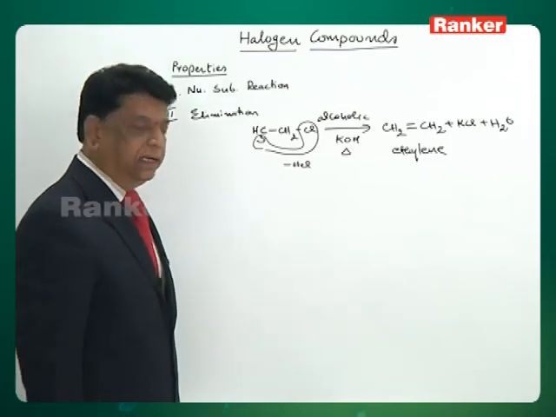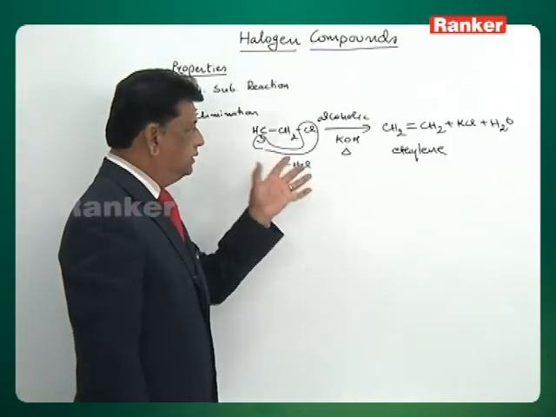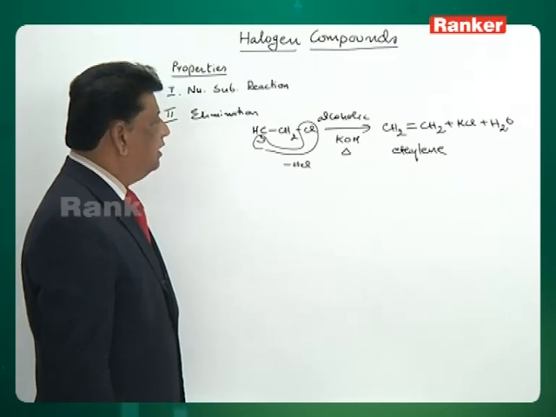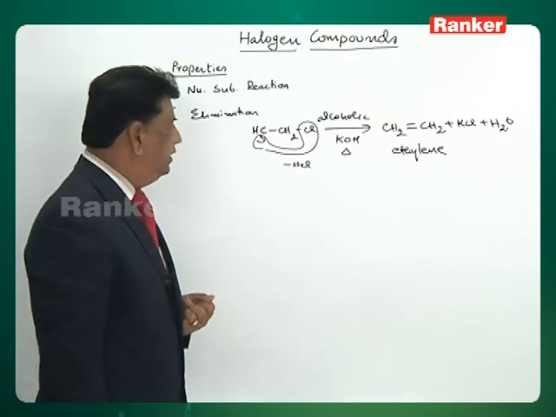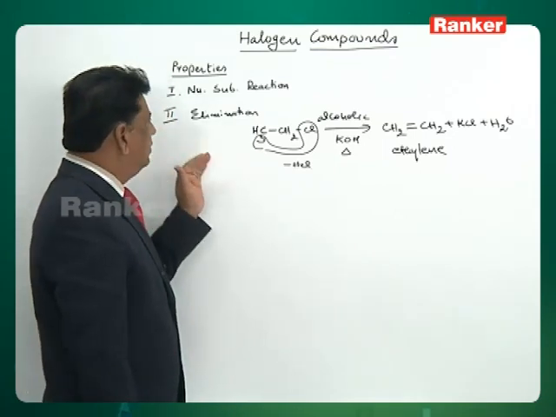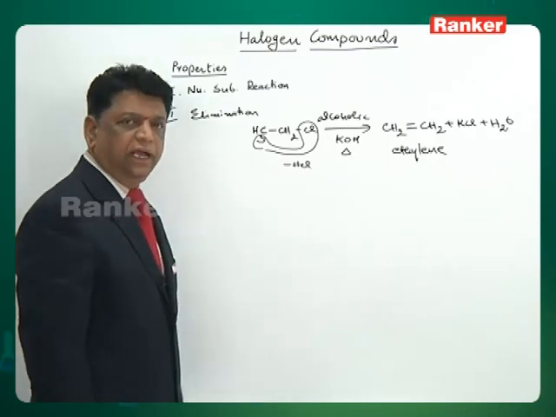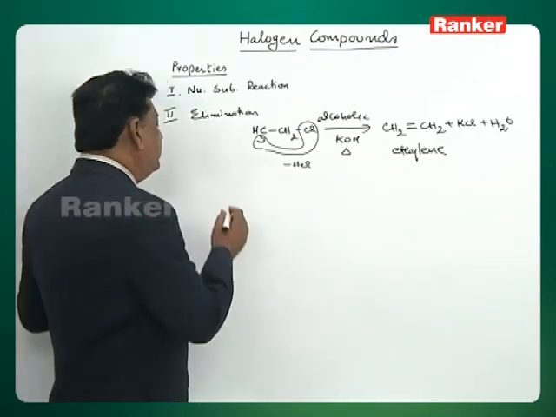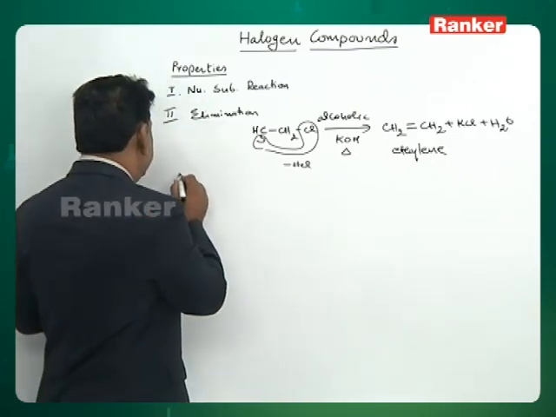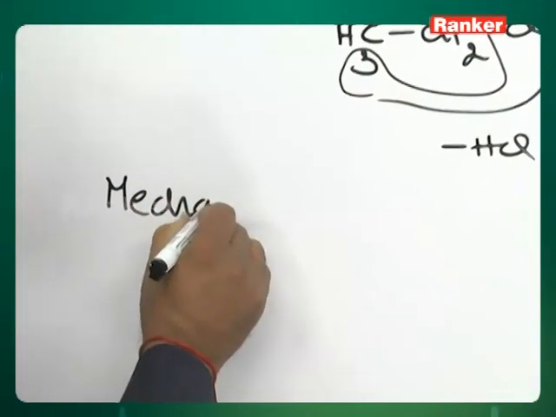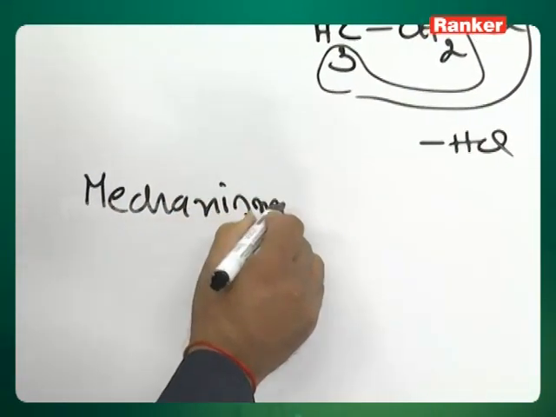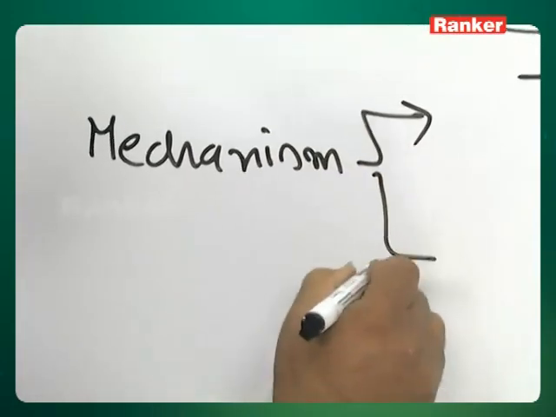Technically dehydrohalogenation is taking place, but this is one of the characteristic reactions of the alkyl halides. However, you can take it as a second characteristic reaction of the halogen compounds. So, with reference to the mechanism of the reaction, here also the reaction is classified into 3 types.